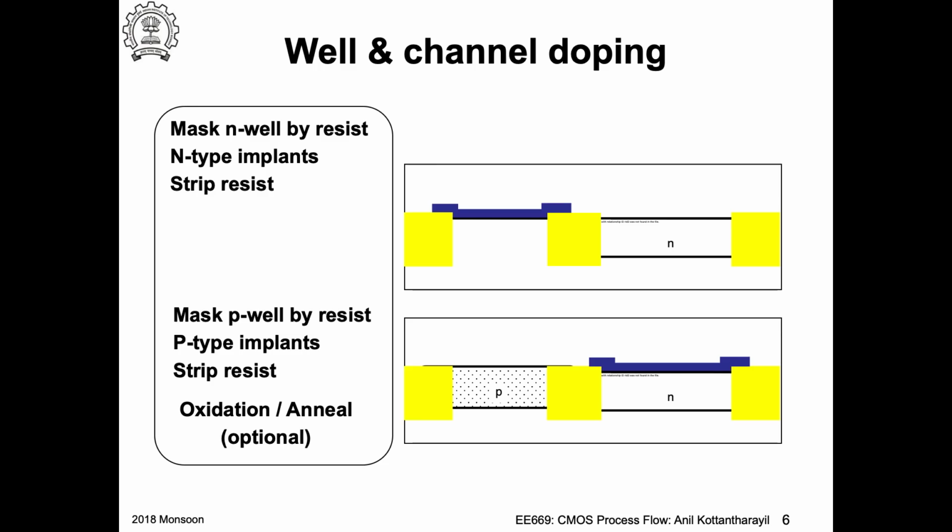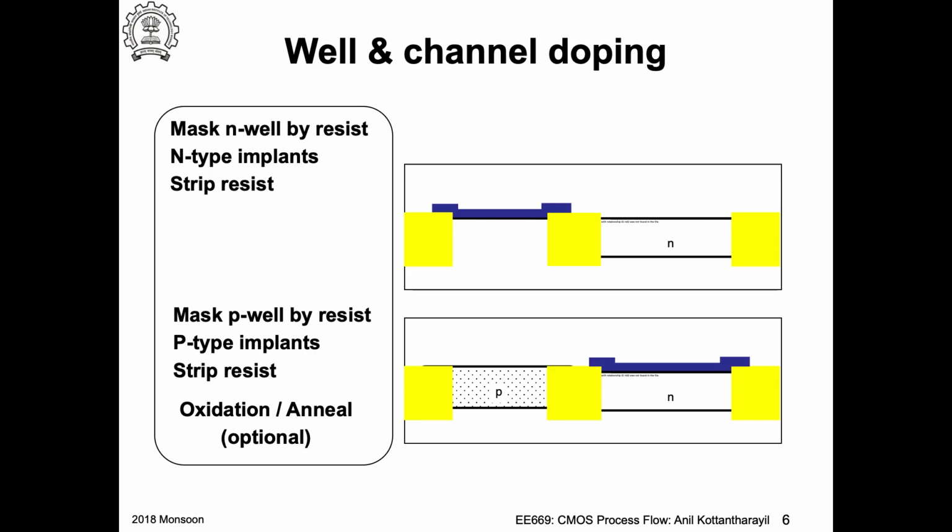Okay, this is the next step. You are trying to make both N-channel and P-channel transistors on the same wafer. We started off with P-type wafers, so we need to create an N region for making the P-channel transistors.